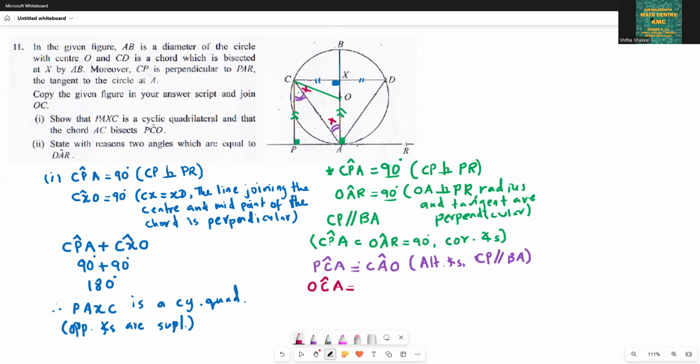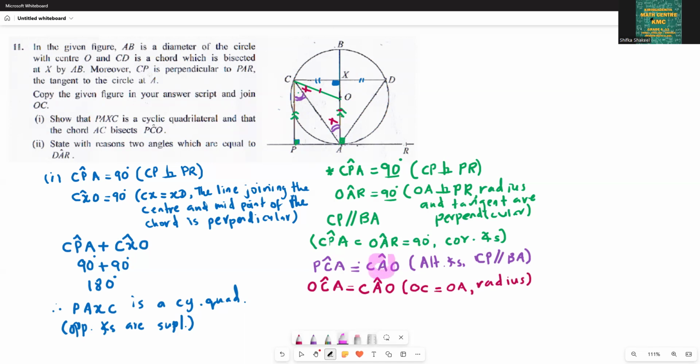Why is that equal, children? CO and OA are the radius. These two are equal, which means an isosceles triangle. Opposite to equal sides, the angles are also equal. OC is equal to OA because they are radii, and the sides being equal means the angles are also equal.